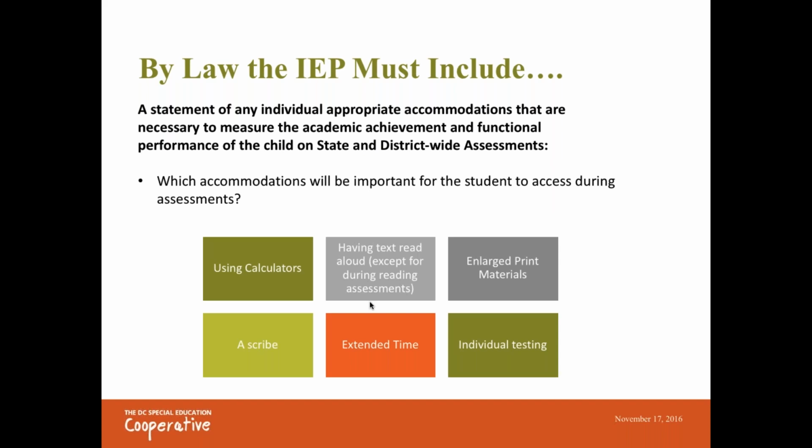By law, the IEP also has to state any individual appropriate accommodations that are going to be necessary to measure their academic achievement and functional performance on state and district-wide assessments. So these are the accommodations that gen ed teachers usually receive in some form of IEP snapshot or IEP at a glance.